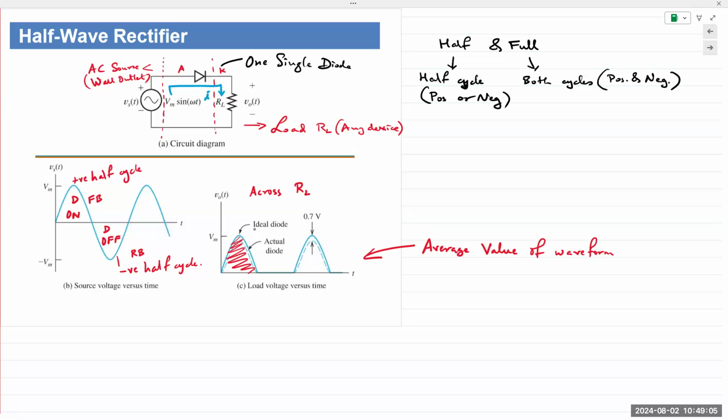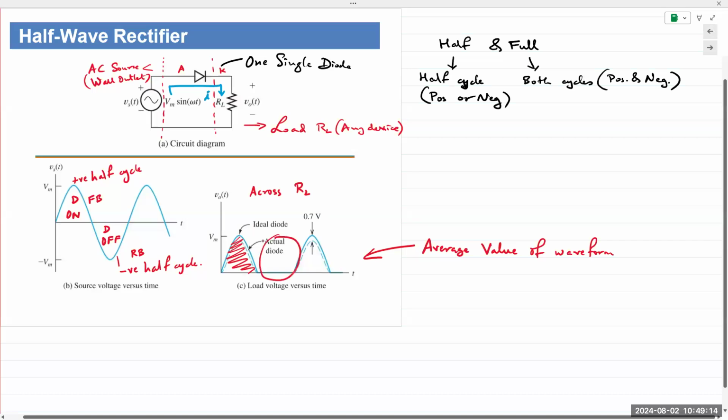We saw it was 0.637, but because it's only half, here it's 0, here it would be half of 0.637, and so the average value of the voltage would be 0.318 times the peak value of the AC waveform.